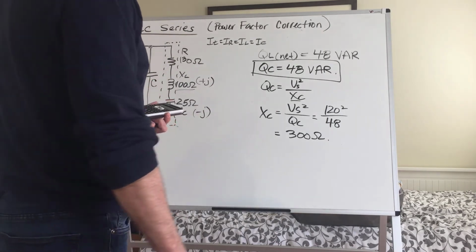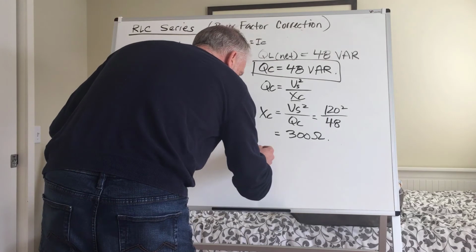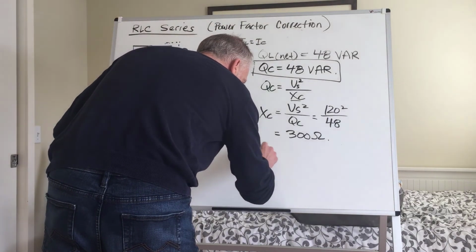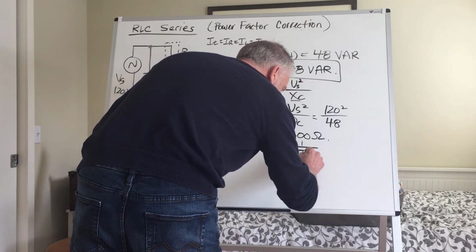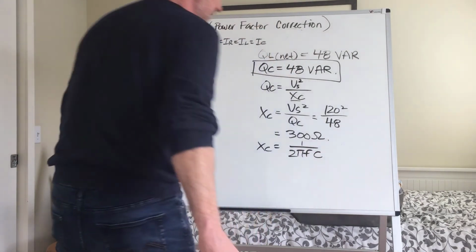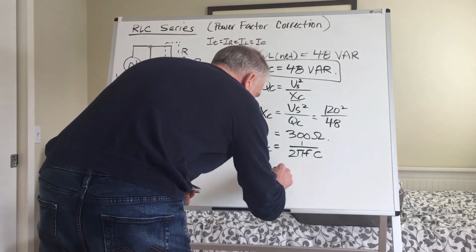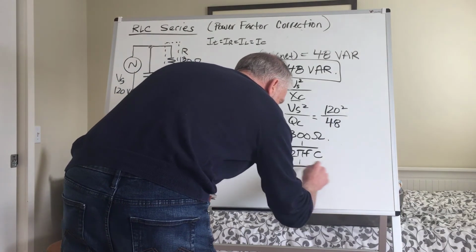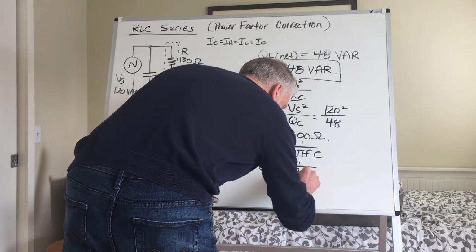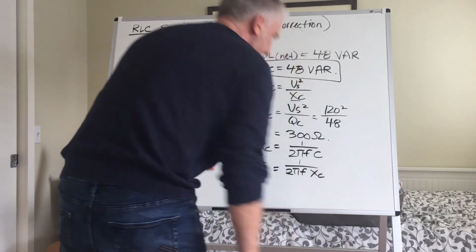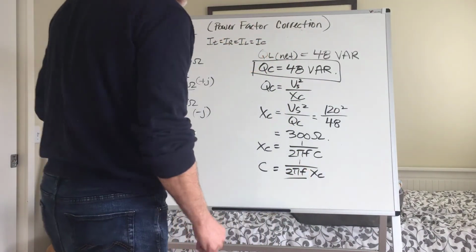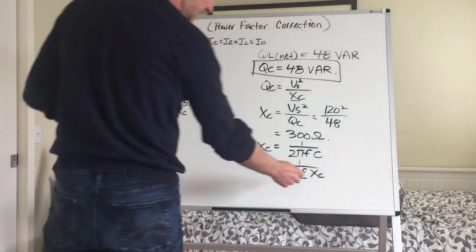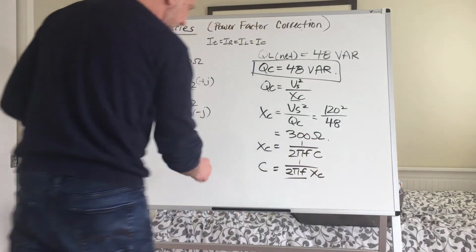Okay, so where do we go next? Well, we know that XC is equal to 1 over 2 pi FC, but it's the C value we want, so C is going to equal 1 over 2 pi F XC. And if we move forward with this, we know for 60 hertz that's 377, and we know here we have a value of 300.